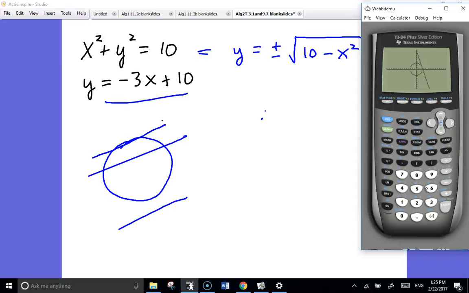Okay, do you see any intersection points on the screen? Yeah, I mean, it looks like, like I say, it's either 1 or if it's 2, they're so close together that it's kind of hard to see at this resolution. Let's find the one that's obvious. Second trace 5. Okay, is it on the top of the curve that we need?